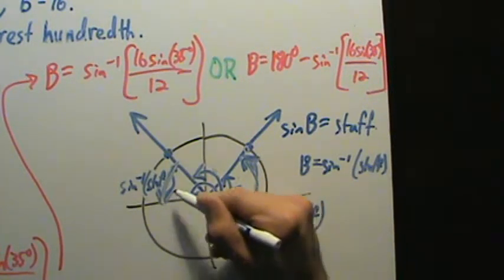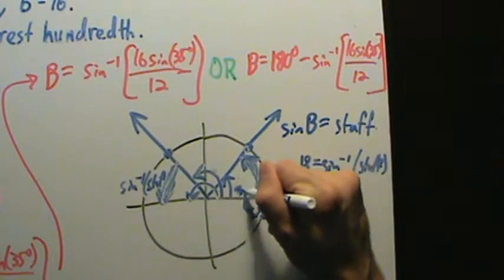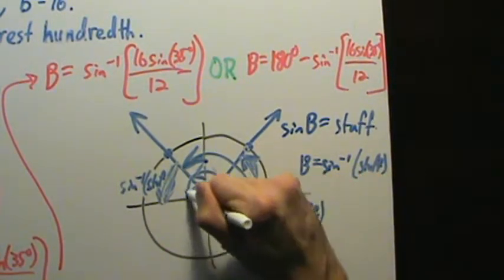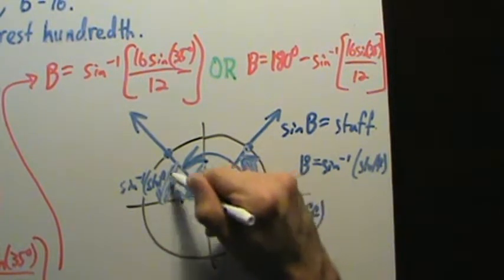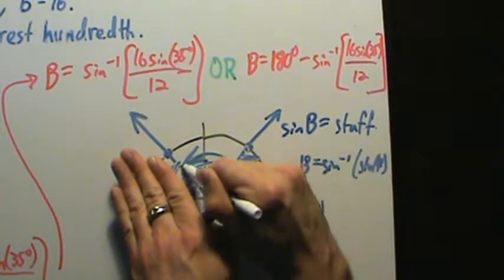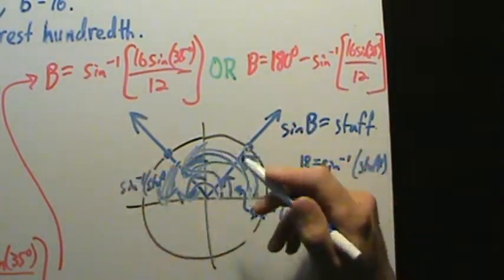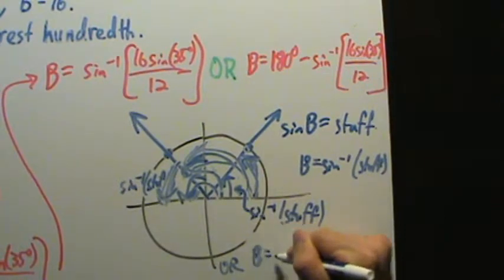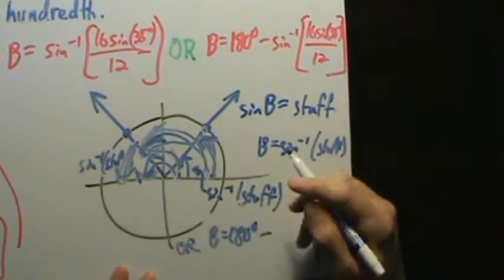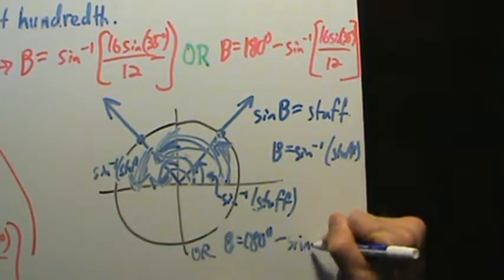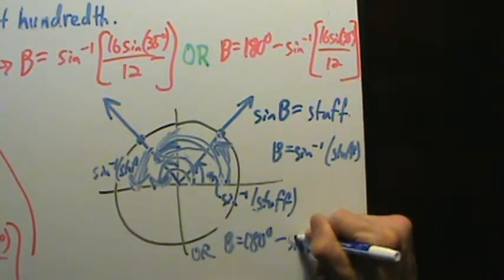So 180 degrees minus this angle gives us just this part, which is what we want. So the other one is, B equals 180 degrees minus this angle, which is the same as this angle, which is the inverse sine of stuff.